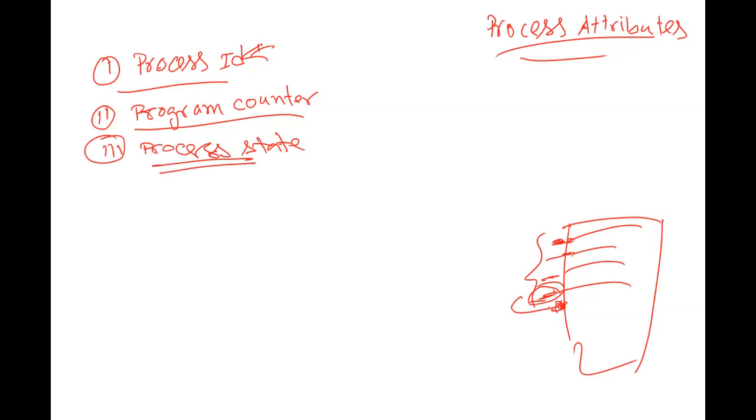And a process also has another attribute, the general purpose register. When your program is executed by the CPU, the CPU uses different types of registers to store values to execute instructions.